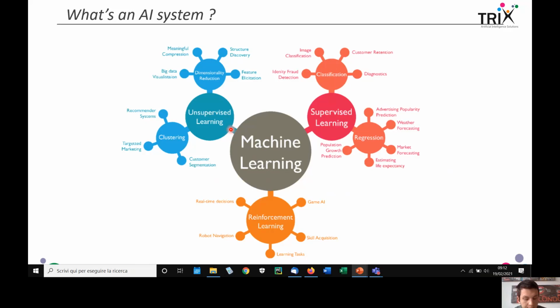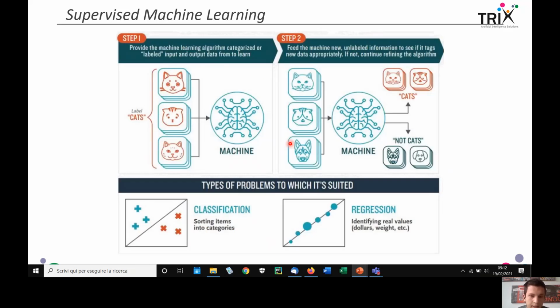Very quickly, I'll explain the difference between the two learning types. The supervised system is based on a training set of data in which people have manually classified all the data, and these data are correct. They are precise and correct data with which I train all the system.